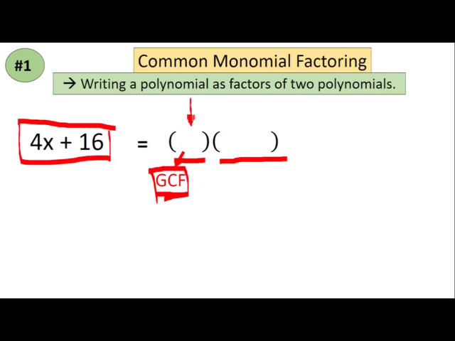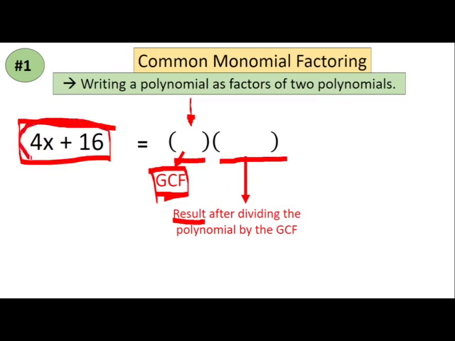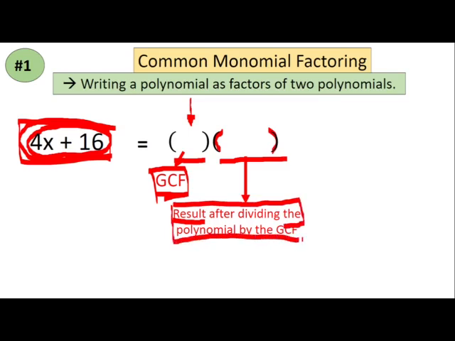Then after looking for the GCF, we will use the GCF to divide from this one, the 4x plus 16. And whatever we get, we write it here in the second pair of parentheses, which will be now the result after dividing the polynomial by the GCF.